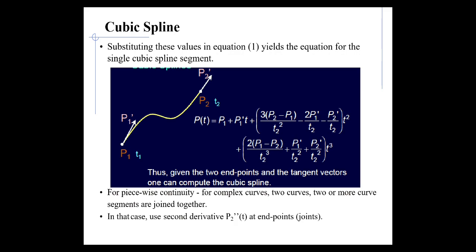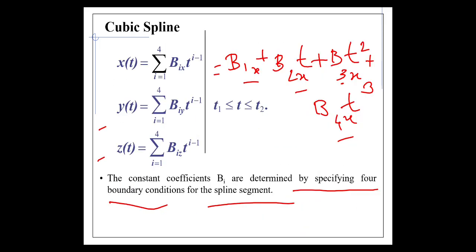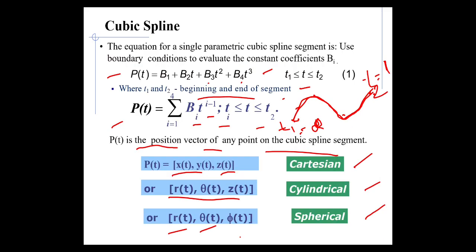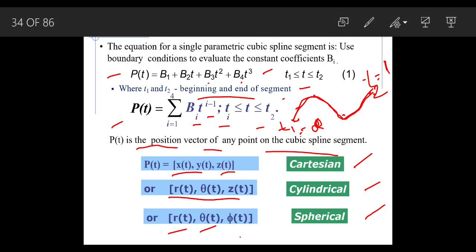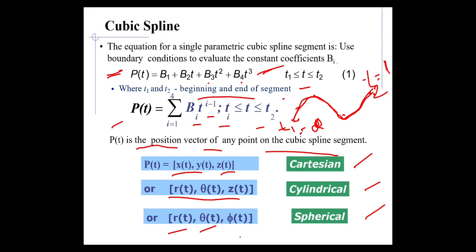So that is written together for the entire position vector p(t). Substituting these values in the first equation, what is our first equation? It is p(t) equal to b1 plus b2 t plus b3 t square plus b4 t cube.